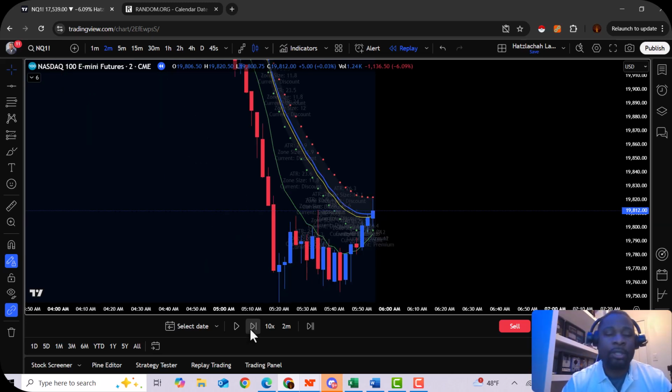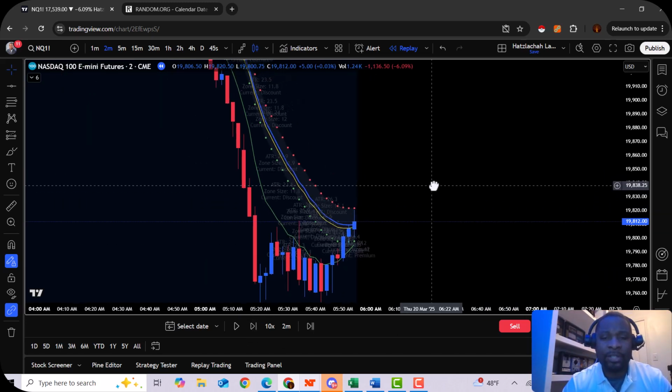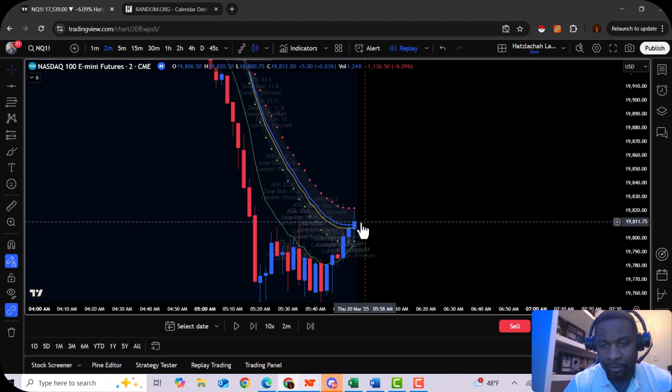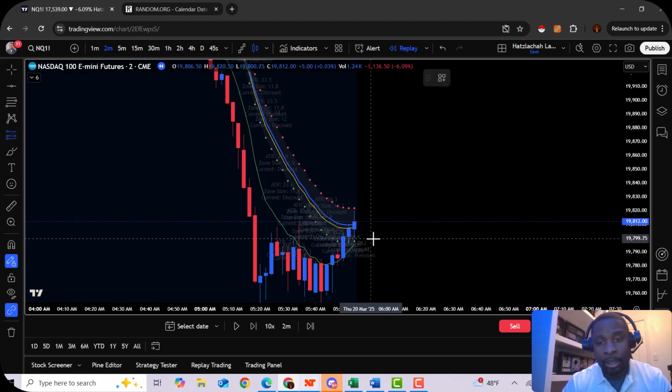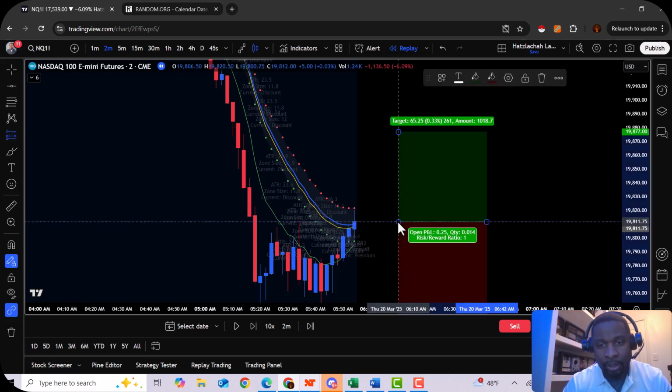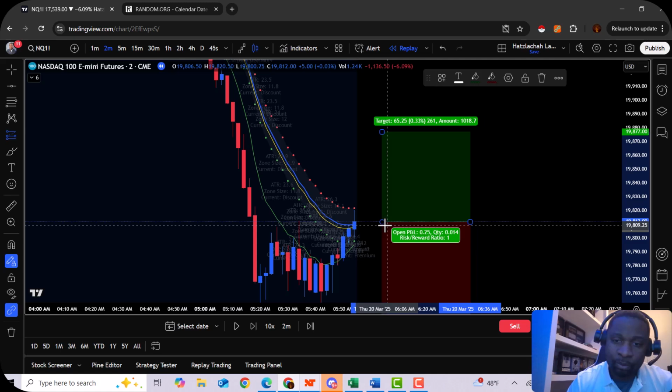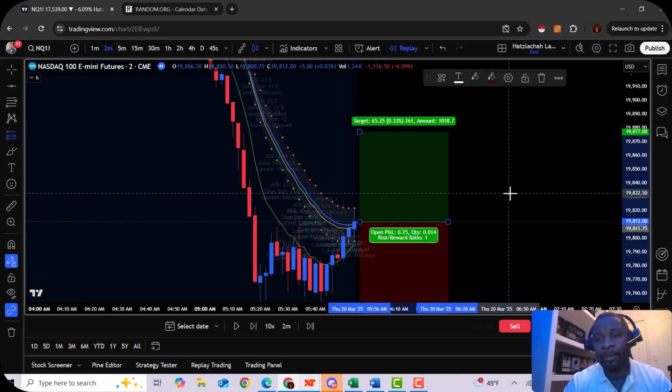Okay, so this is a lot better. It kind of gave us somewhat of a confirmation because it closed above the midpoint. You have the ATR, or the range, actually widening a little bit. Again, long position. We will get in here and let's see what happens.